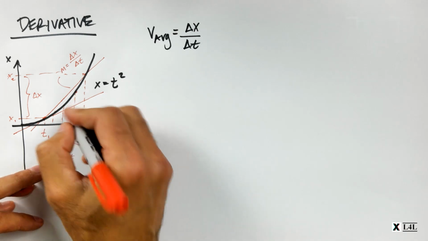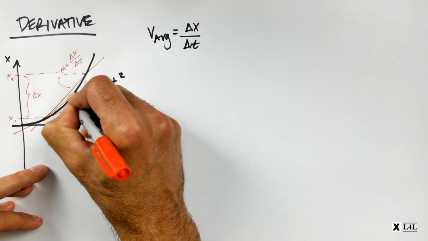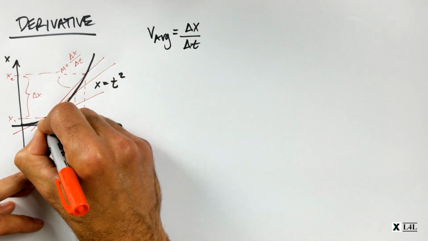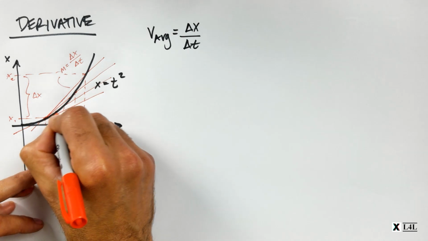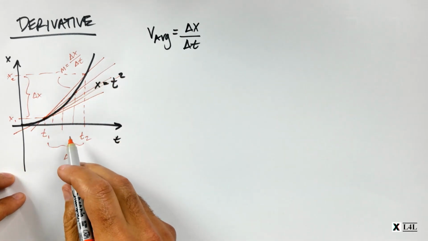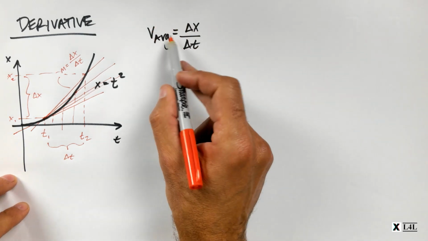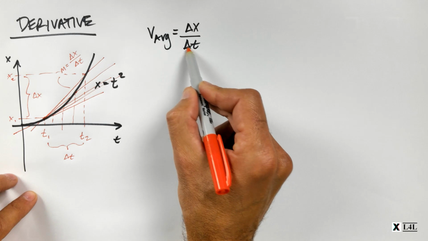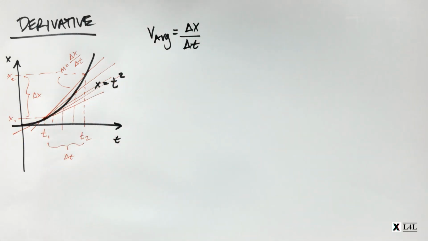And as I connect these points, the lines are getting ever closer to my tangent line. So this equation would work as I continue to drive this delta t smaller and smaller. And in math, we call that taking the limit.